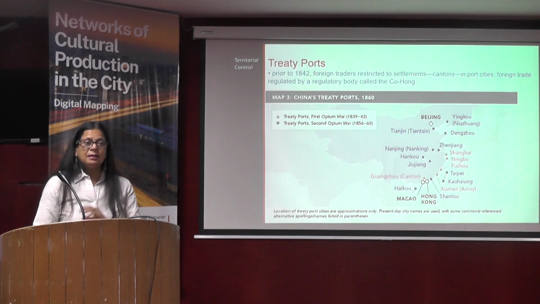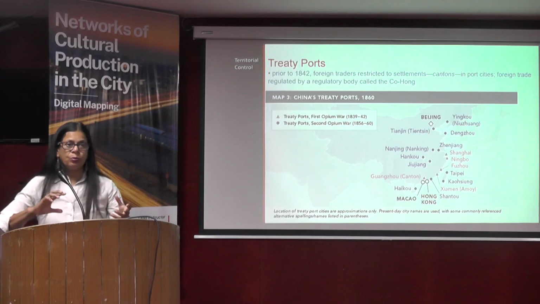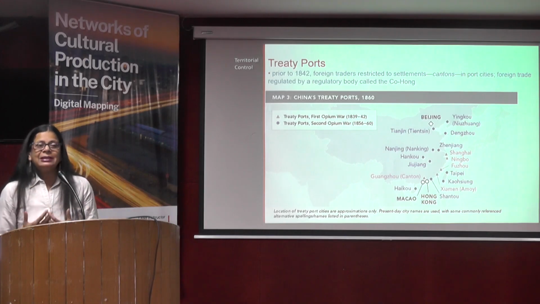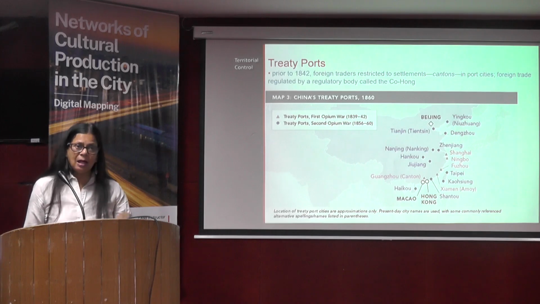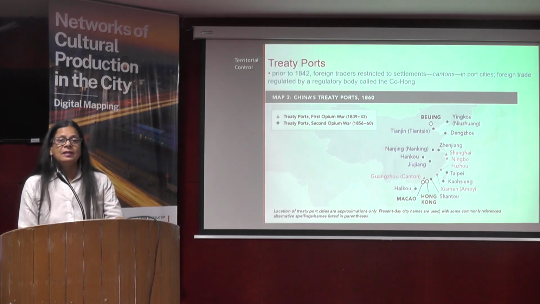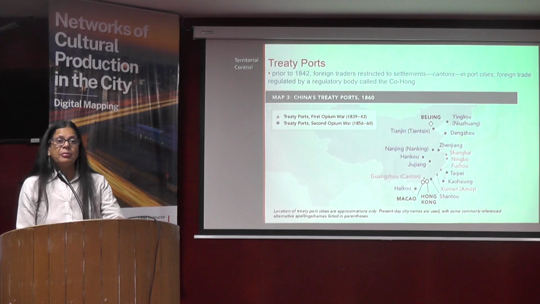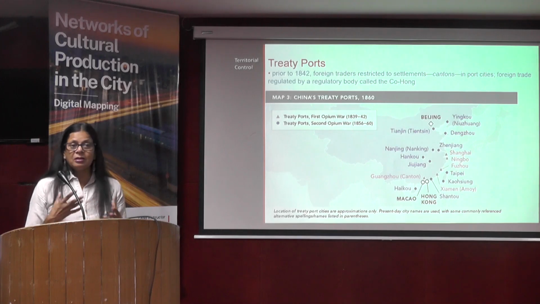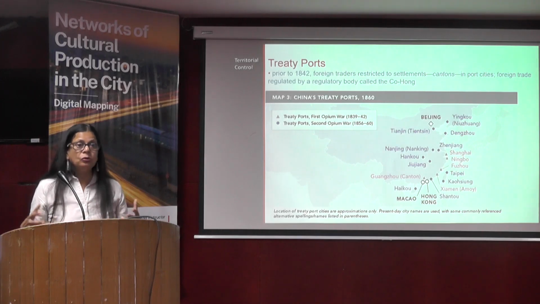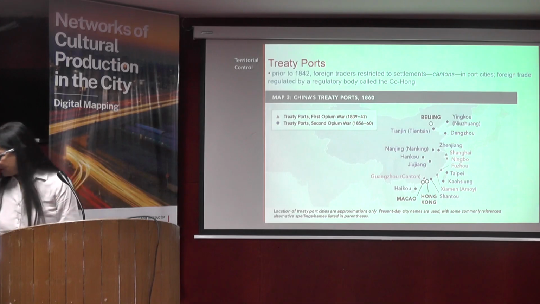These are existing cities or towns which had attained a different identity as treaty ports. That means these towns would have significant foreign presence, and significant foreign presence means that you will also have significant architectural and urban development based on those expectations.